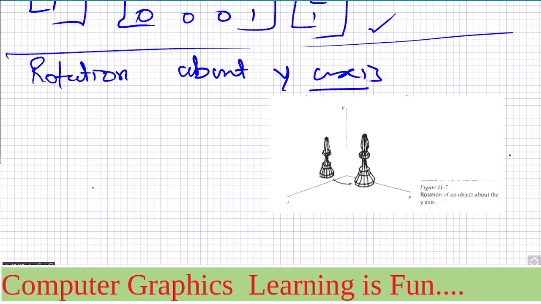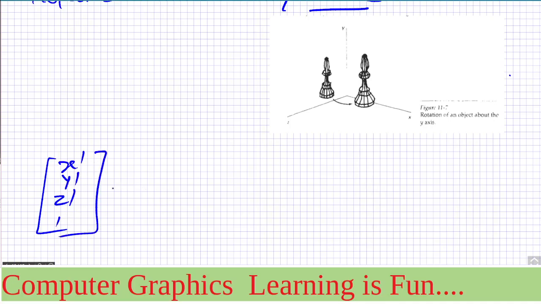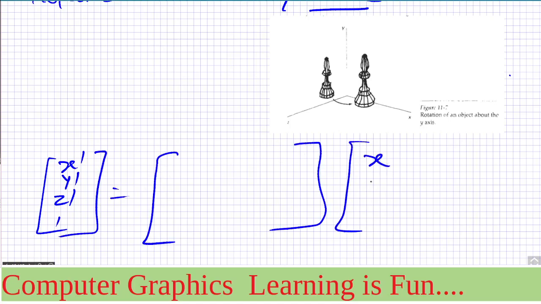Here also you will have a similar matrix operation, where you have x dash, y dash, z dash and 1, which is the result of multiplication of two matrices. One is your x, y, z and 1, and the other is your rotation matrix. Here I know that the homogeneous coordinate part will be 0, 0, 0.